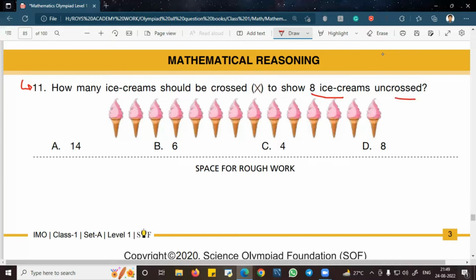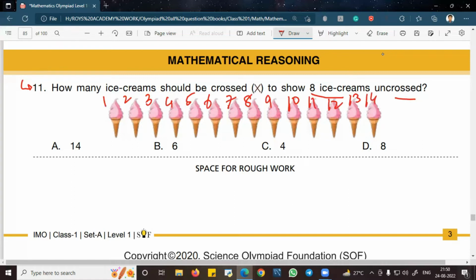At first we have to count how many ice cream cones there are. So this is 1, 2, 3, 4, 5, 6, 7, 8, 9, 10, 11, 12, 13, and 14.